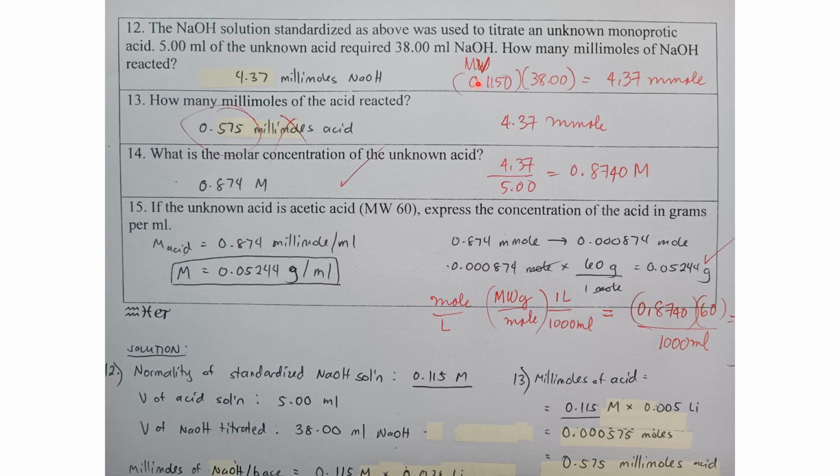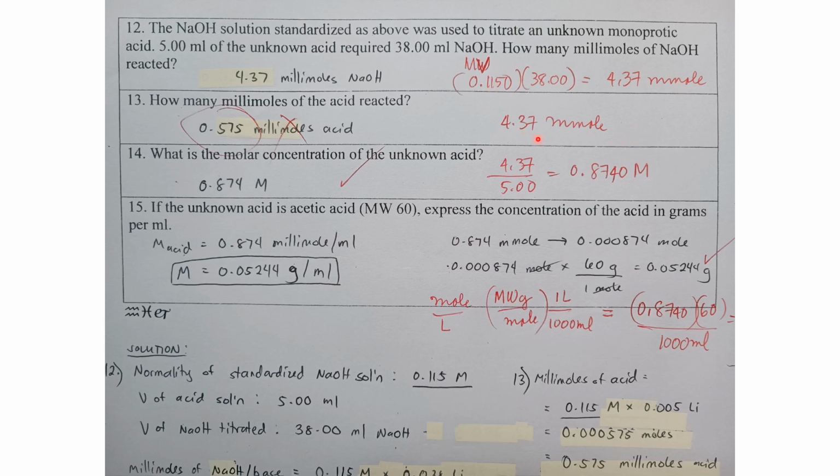Diba? Molarity times volume in ml will give you millimoles of sodium hydroxide. Now, if the acid here is monoprotic acid, ilang millimoles din ang magre-react ng ganyang amount of sodium hydroxide? 4.37 pa rin.